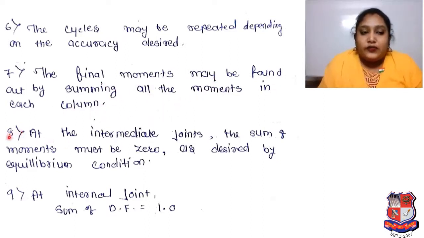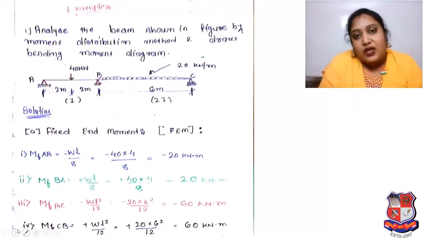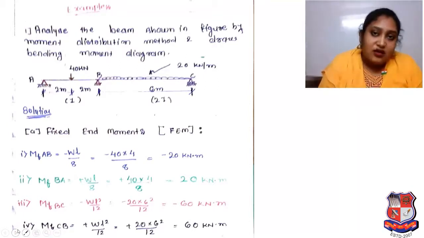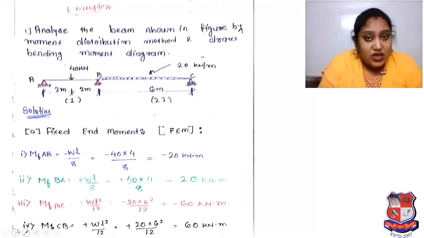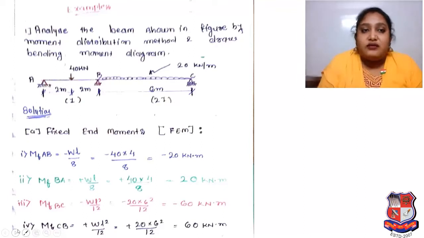Eight steps we have to follow. At the intermediate joint, the sum of moments must be 0 as desired by equilibrium conditions. In the ninth step, at an internal joint, the sum of distribution factors is equal to 1. So whatever basic terms we have, carryover moment, distribution factor, stiffness, the steps we have seen, and the fixed end moments, as per that we will try to solve the example.